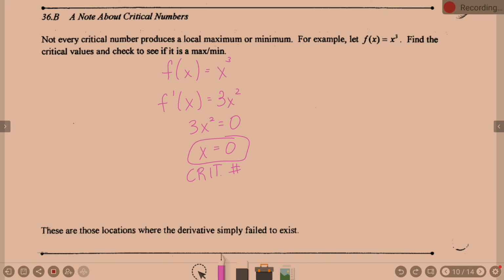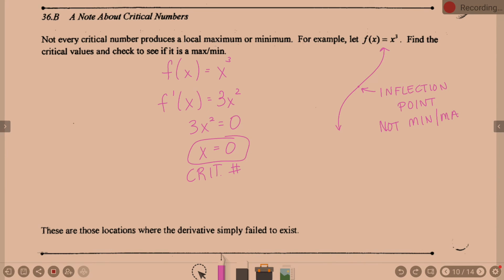Now, think about this. You know what the graph of x to the third looks like, yes? Y equals x to the third is your basic cubic curve. Where is x equals 0 happening? This is an inflection point. Critical values will often represent mins and maxes, but on occasion, you do run into these special cases.